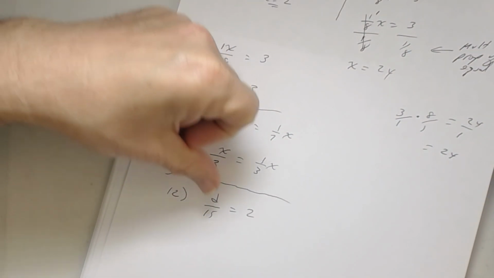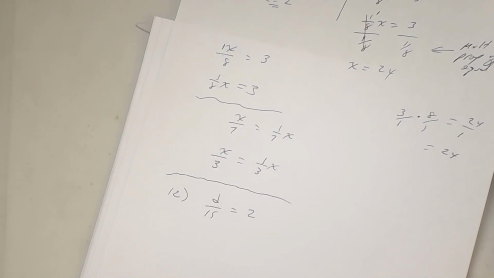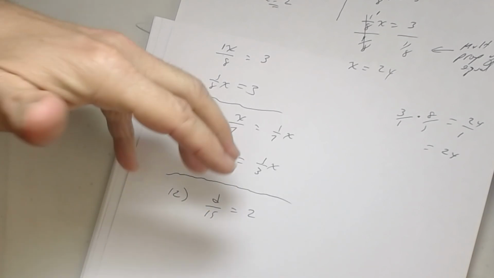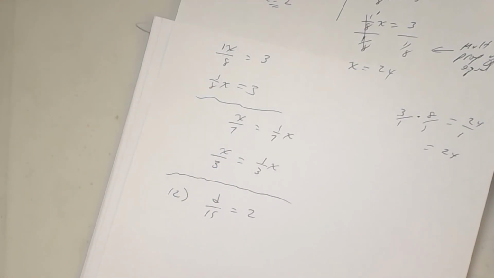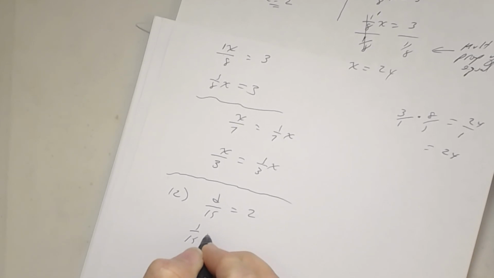To do this problem using the multiplication property of equality, what we learned in this section, you rewrite this as 1/15 d. In the next section, section 3, you're going to see another way to do this. The more tools you have in your mind, the better it is for you to get through college algebra, so you need to know several ways. Right now, I can rewrite d divided by 15 as 1/15 d.